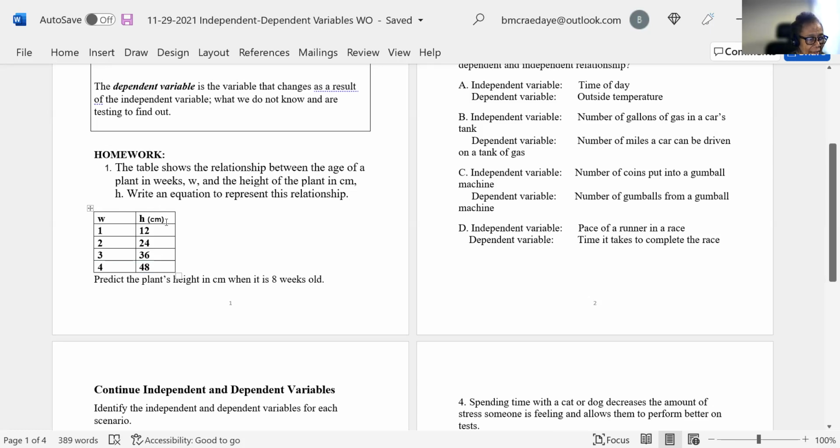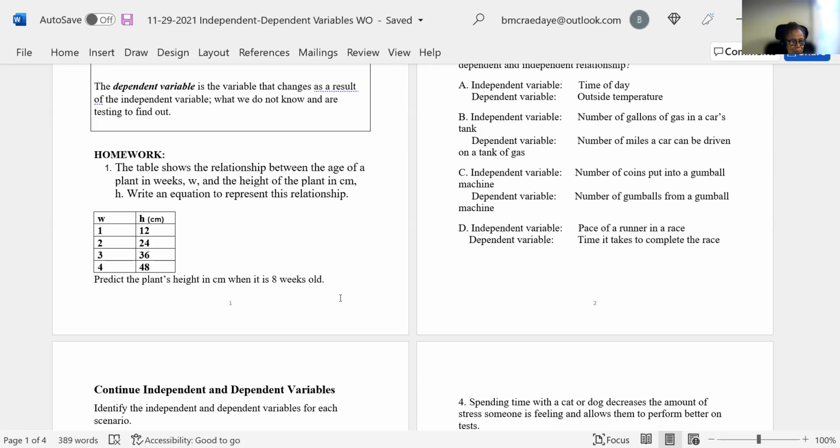And the height is over the second column. And notice it has 12, 24, 36, 48. Now, do you know the relationship between the weeks and the height? Do you see a relationship, Henri?